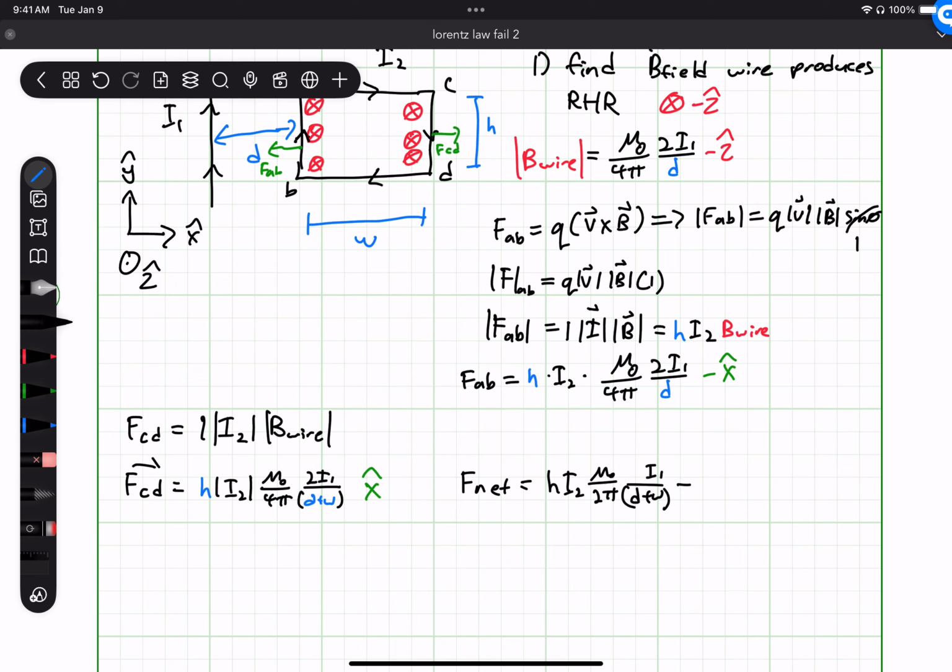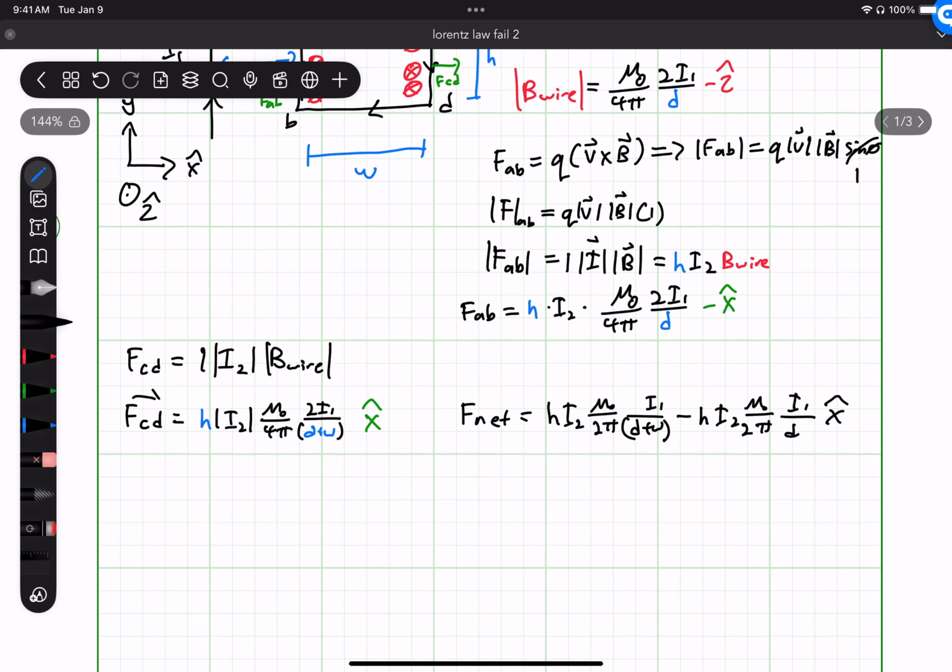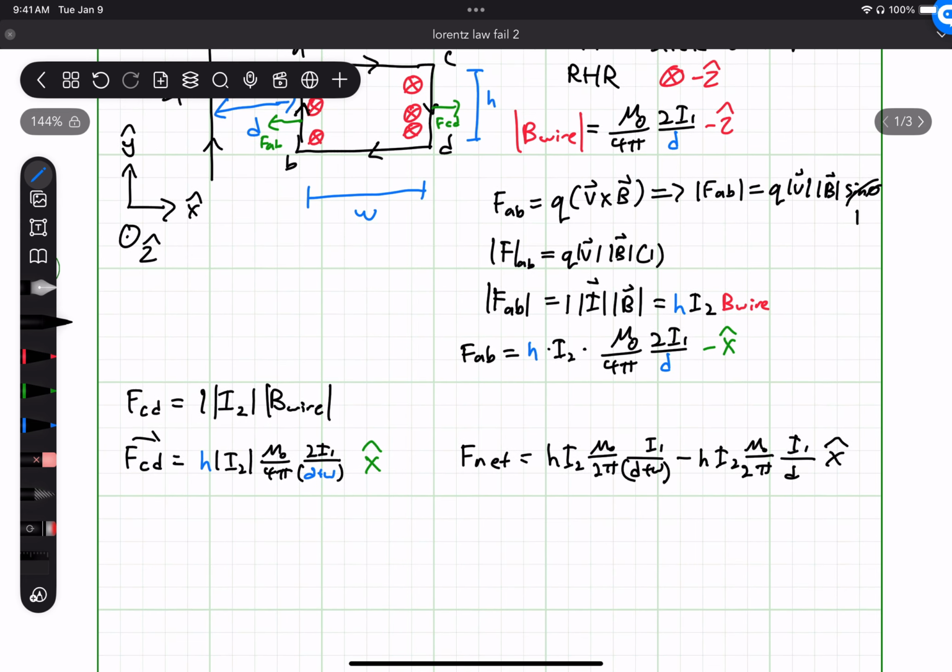And I will subtract h times I2 times mu naught divided by 4 pi, or in this case, we notice we're 2 pi, times I1 divided by D. And this is all in the x hat direction. Okay, so that is our final answer.